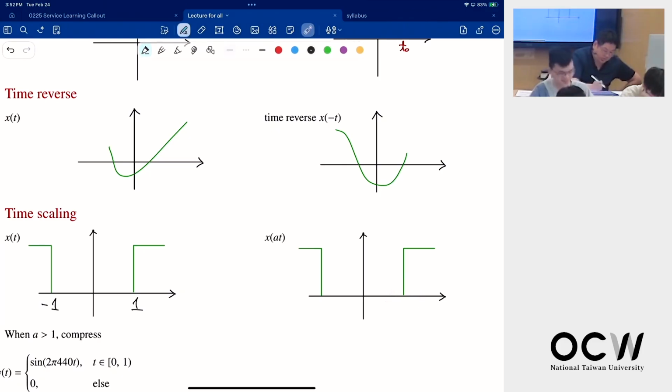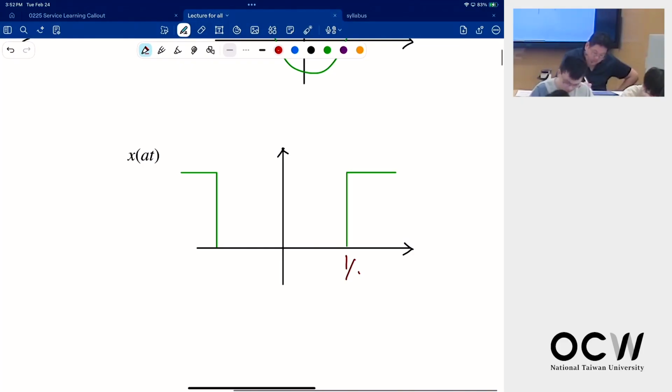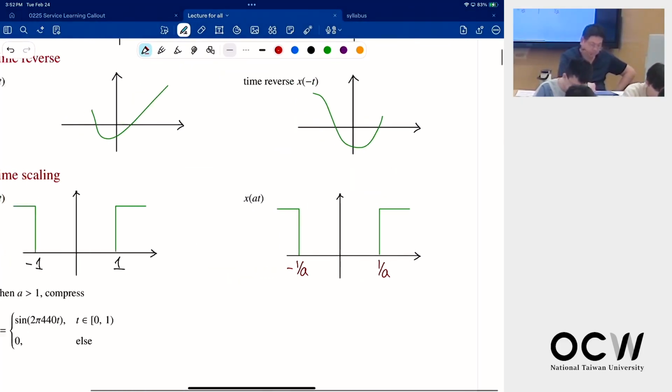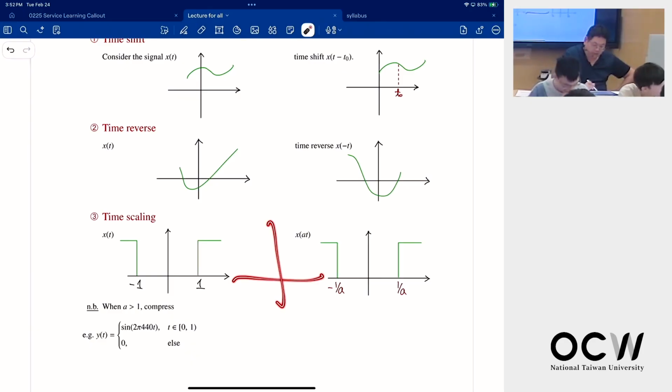So we have 1 over a, and here will be -1 over a. So you can see that when a is greater than 1, say 5 or 10, it compresses. So if we compress it, it becomes narrow.